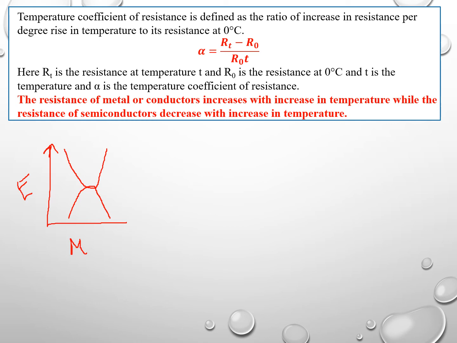But what happens in semiconductors? The best example for semiconductors is, imagine a highway where the number of cars is less. On a highway, if you press the accelerator in your car, you can move as much as possible. The flow of the cars will have less resistance.